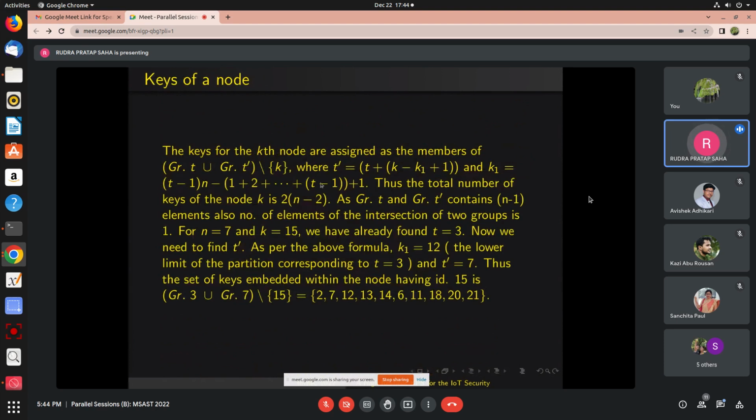The keys of the kth node are assigned as the union of 2 groups, discarding the node ID. Here we find the keys of ID 15. Since 15 lies between group 3 and group 7, the keys of node 15 are group 3 union group 7, subtracting the ID 15. These are the keys of ID 15.